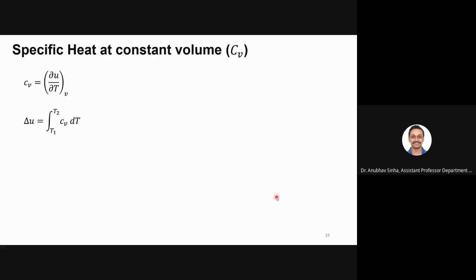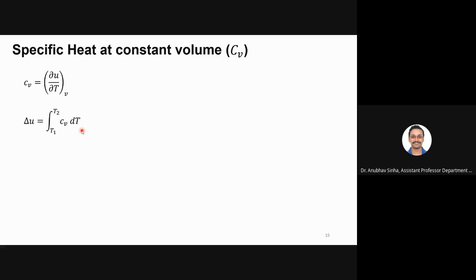So specific heat at constant volume, CV, refers to the change of internal energy U per unit temperature, that is, how U changes with temperature when your volume is constant. Hence we can integrate and write that delta U, or change in internal energy, is the integral of CV dT.